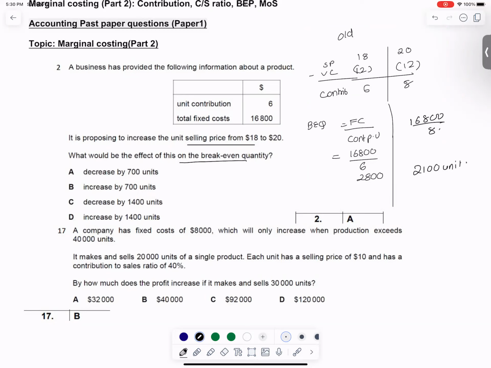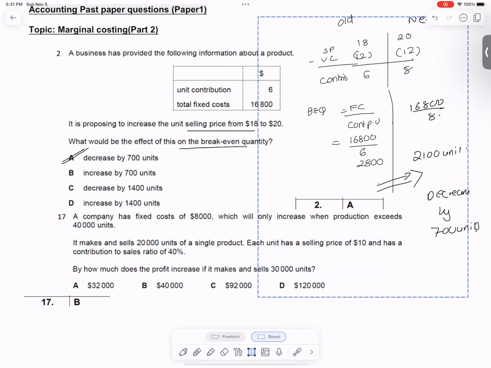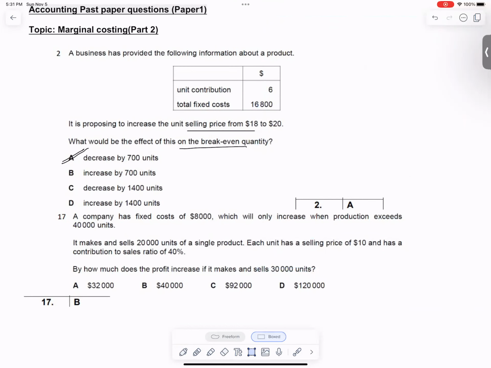So if you do your new proposal where you're increasing the price, what effect would it have on your break-even quantity? The break-even quantity is decreasing, by 700 units. So option A, decrease by 700 units. Go to the next one.